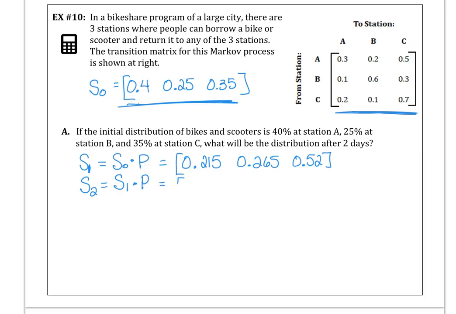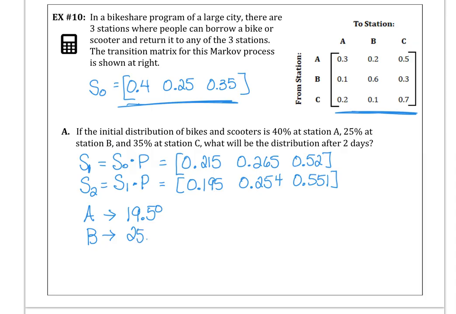Then to find the second day, we're going to take the first day times the matrix at the right and end up with 0.195, 0.254, and 0.551. So to answer the question, at station A, we're going to have 19.5%. At station B, we'll have 25.4%.